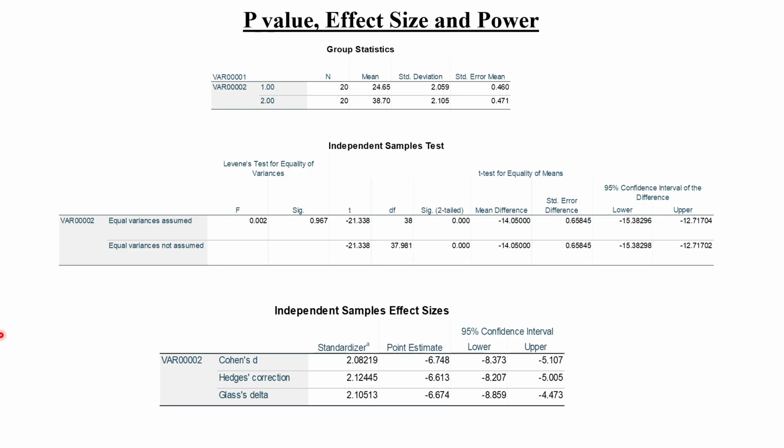So here I have given an example. I have conducted a t-test in SPSS. As you can see, we have two groups here, both having 20 observations. Both the groups have an equal number of observations in them. The mean of group 1 is 24 and for group 2 it is 38.